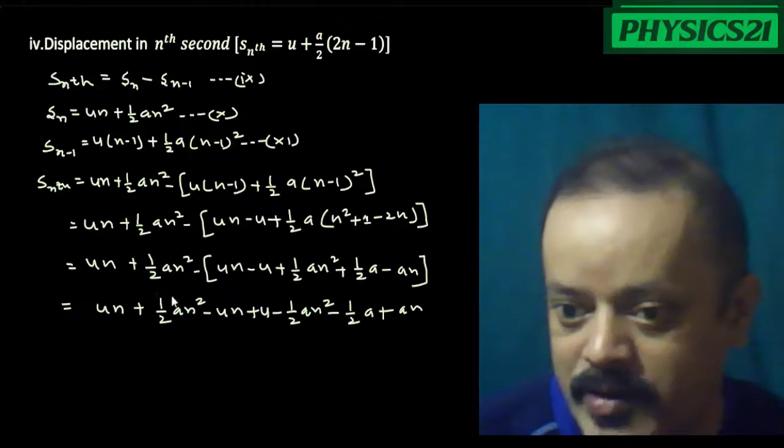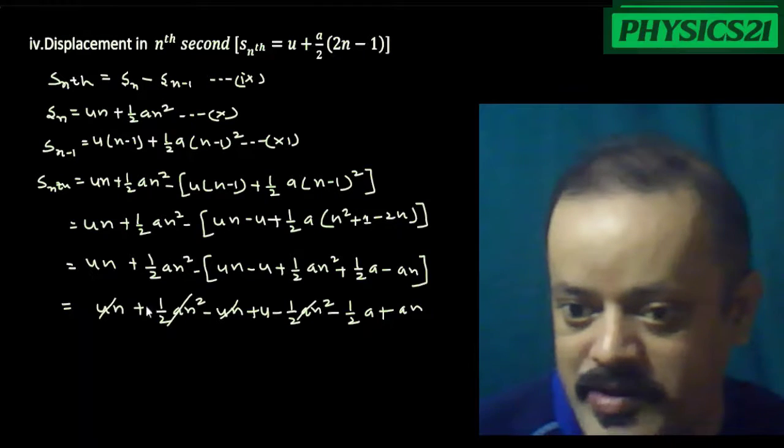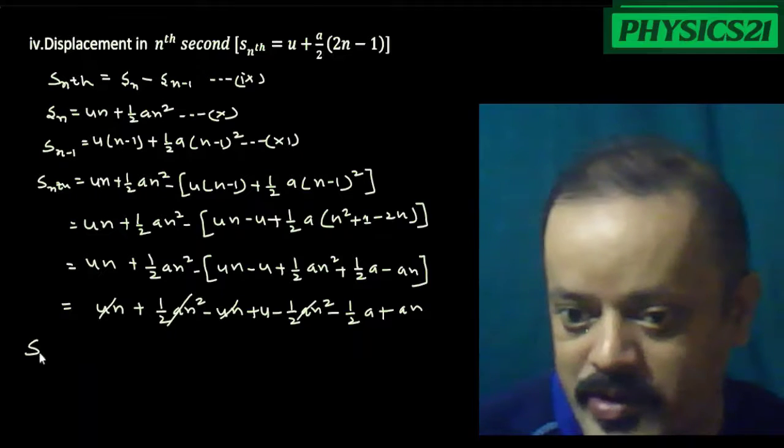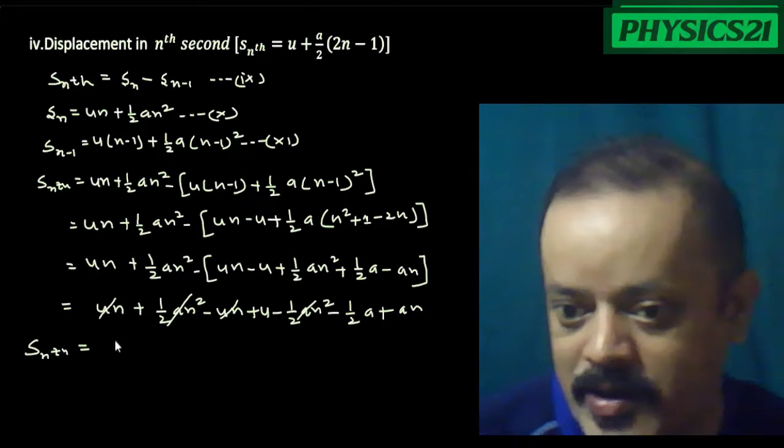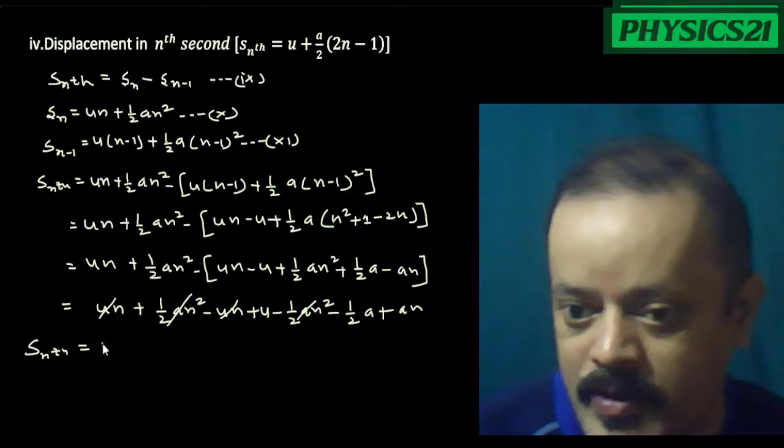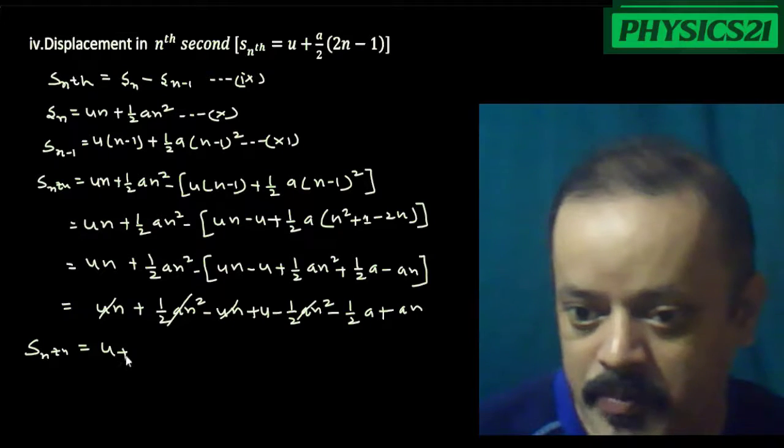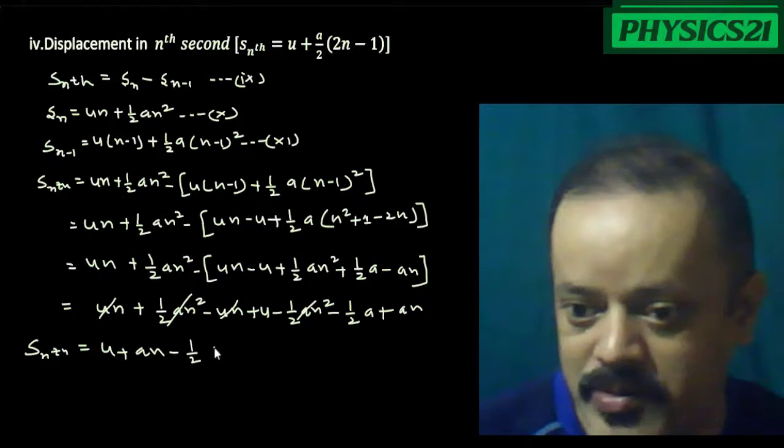Now simplify, so un will cancel out. Similarly, half an square and half an square will also cancel. So in the next step, s_nth equals u plus an minus 1 by 2 a.